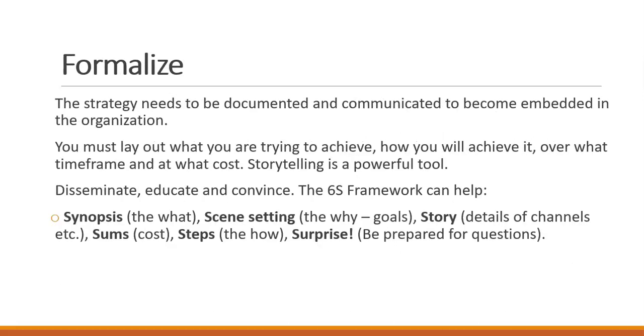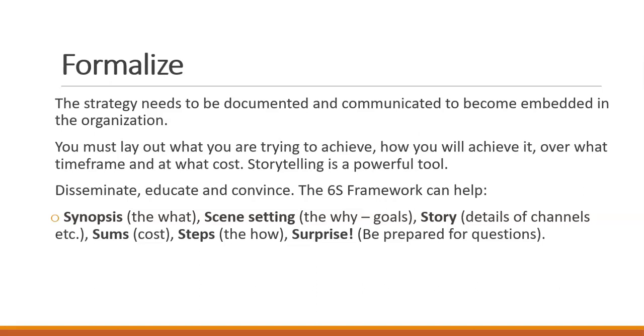Then we should formalize. We document our strategy and we communicate it to others. What is the strategy? We should focus on the 5 W's, or this book talks about the 6 S's. So the synopsis, what are we doing? The scene setting, the why, what are our goals?